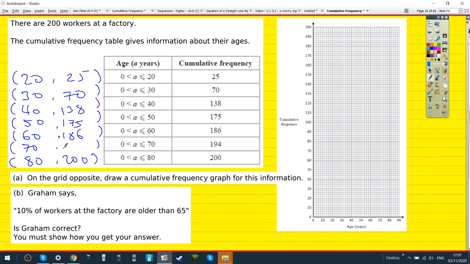What do we do with these points? You put them on the graph. Yeah. So you go across to 20, up to 25. 30, 70. So you put all these on. What's the last one? 80, 200.